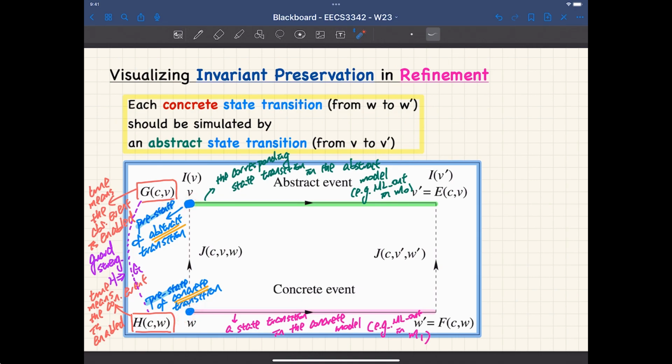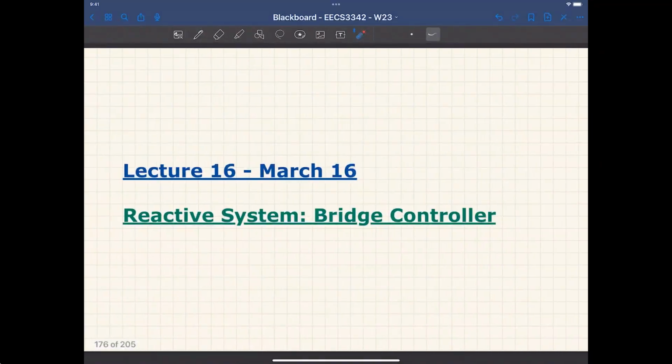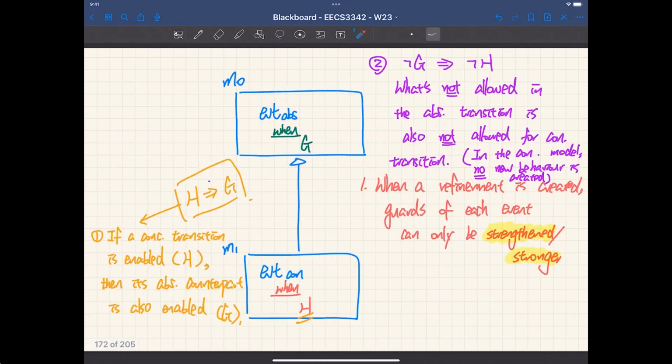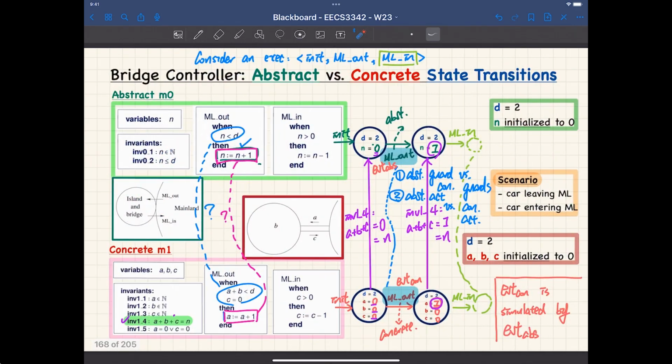Okay? How about these two states themselves? They're also being related by the concrete invariants. For this one here, let me just point to you once more. If you go back to this diagram over here, you can see we got abstract states, we got concrete states. And the invariant that's going to relate them together is this special invariant, which involves both the abstract and concrete variables.